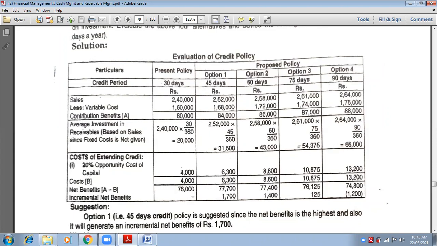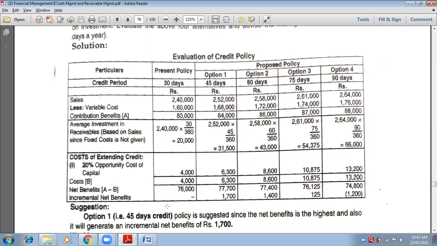Because it is matching the opportunity cost, because the two costs, bad debts and administration cost, are not given. Therefore, opportunity cost will be my total cost. But we need to show it this way, the way I have given you. Now, draw a line below that so that it looks like it is in a box.